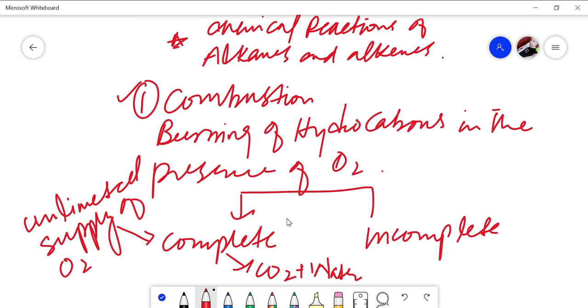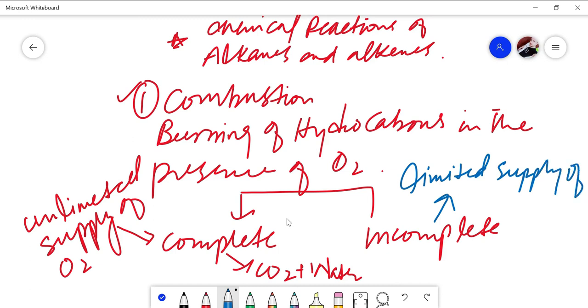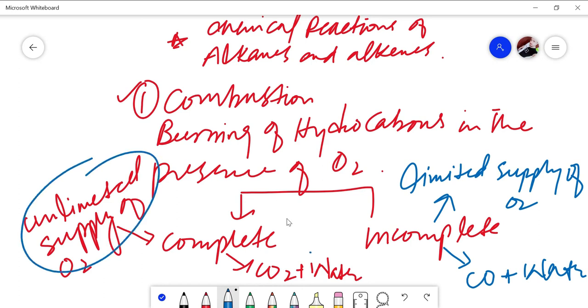Incomplete combustion happens in the presence of a limited supply of oxygen, and this generates carbon monoxide and water. Okay? Are you with me?